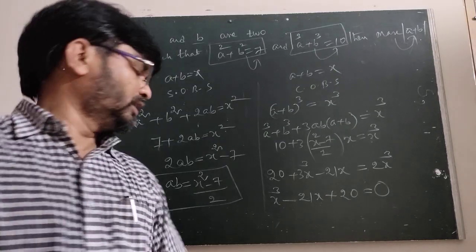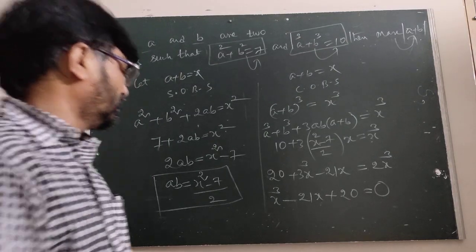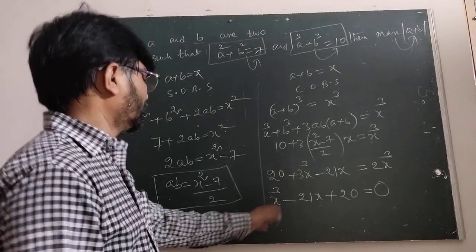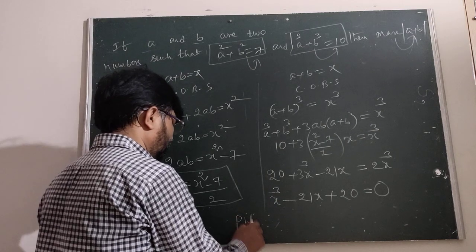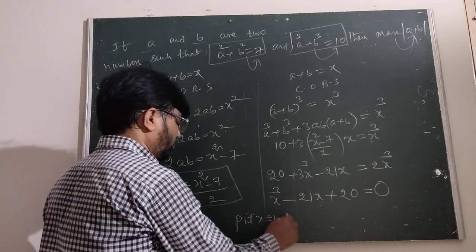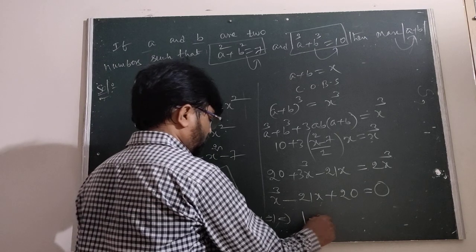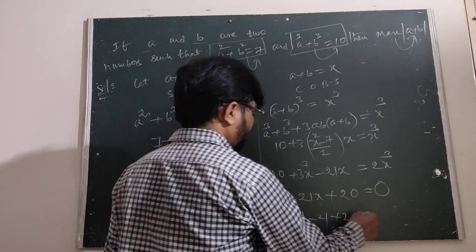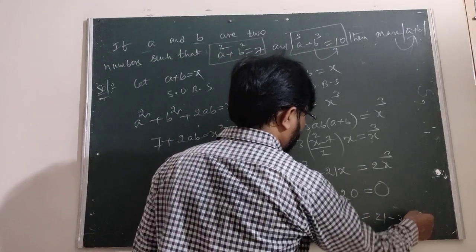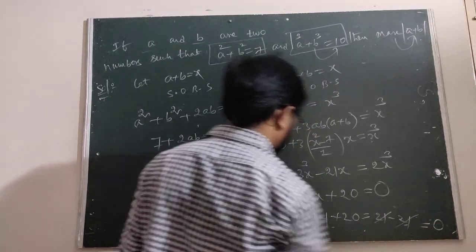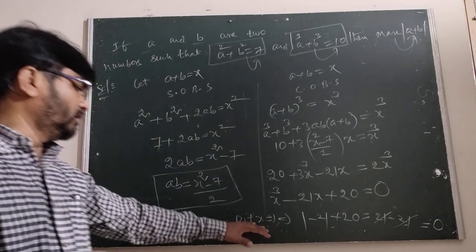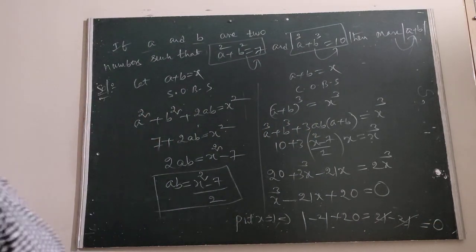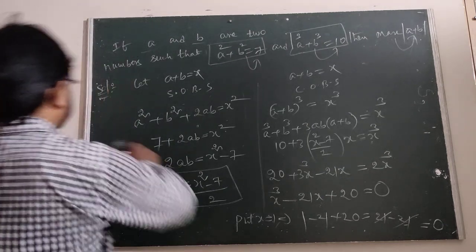Now by the trial and error method, put X equal to 1, then it will be 1 cube minus 21 plus 20. This is 21 minus 21, which is 0. Now we are getting the value of X as 1.